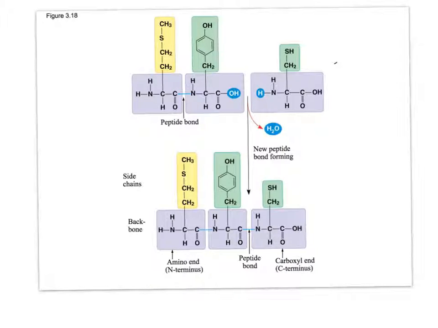Okay? It's in a different order. So instead of going glycine, alanine, proline in protein A, it goes proline, valine, tryptophan in protein B. All right? So which amino acids go in that order is important.